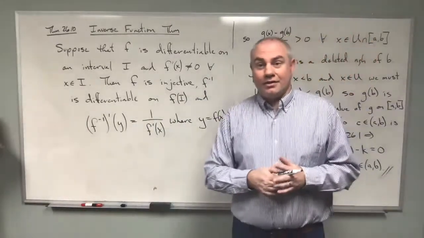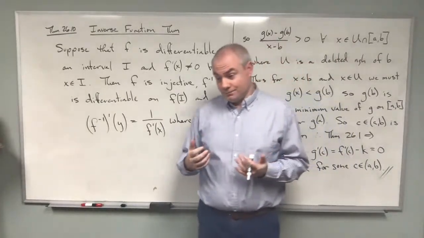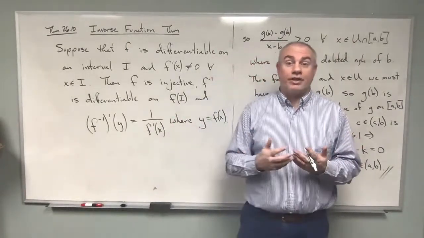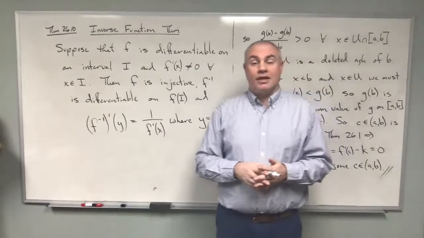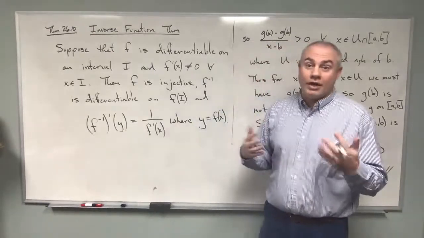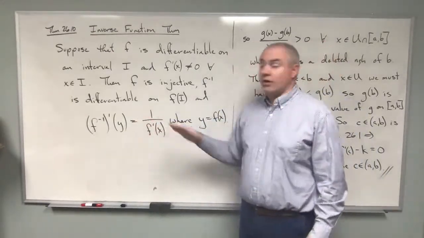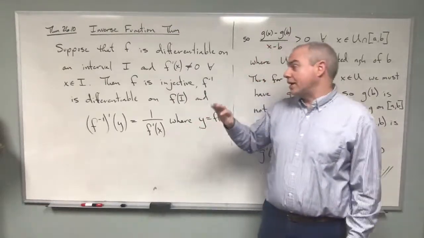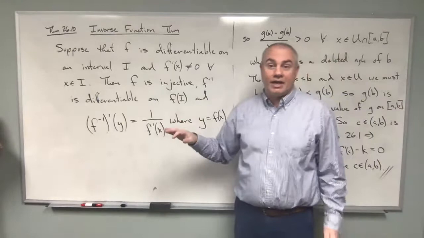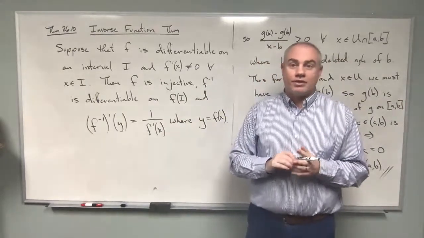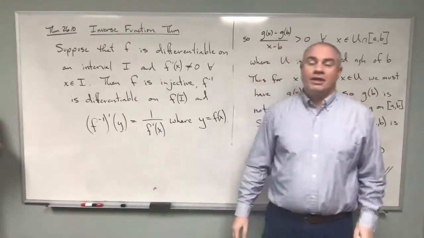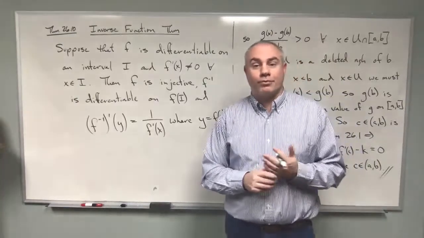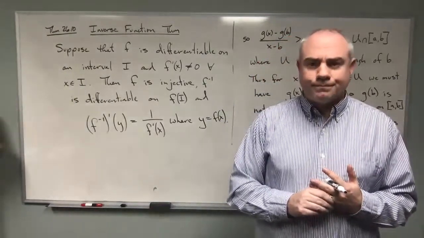Things that come to mind are logarithms and exponentials. If you can figure out one of them, you should be able to derive the other. What about sine and arc sine? If you find one, you should be able to find the other. So this is a very useful theorem. If you're interested, the proof is in the book.